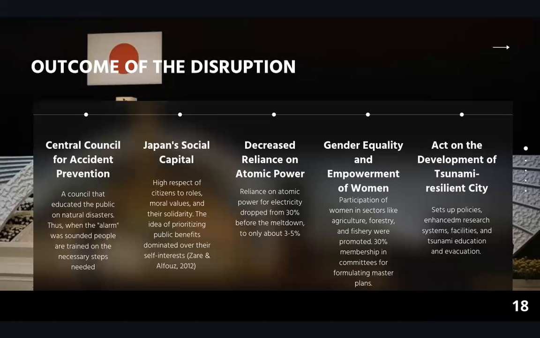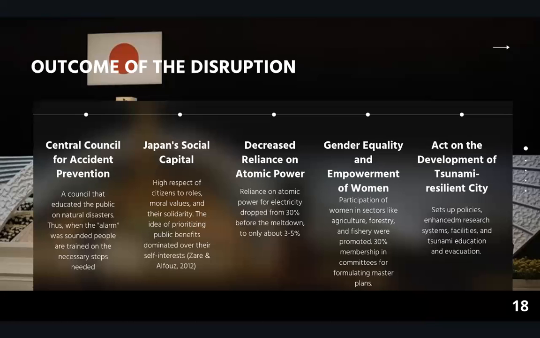And lastly, the Act on the Development of a Tsunami Resilient City was brought about since Japan had a lot of policies that were targeted towards the occurrences of earthquakes, while laws that governed the procedures and the protocol following a tsunami were non-existent.